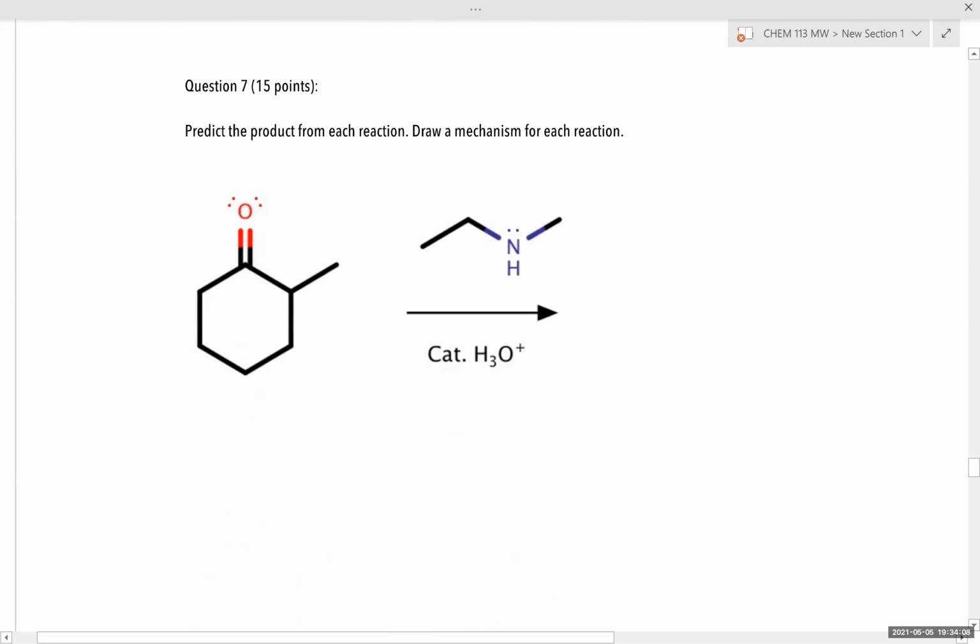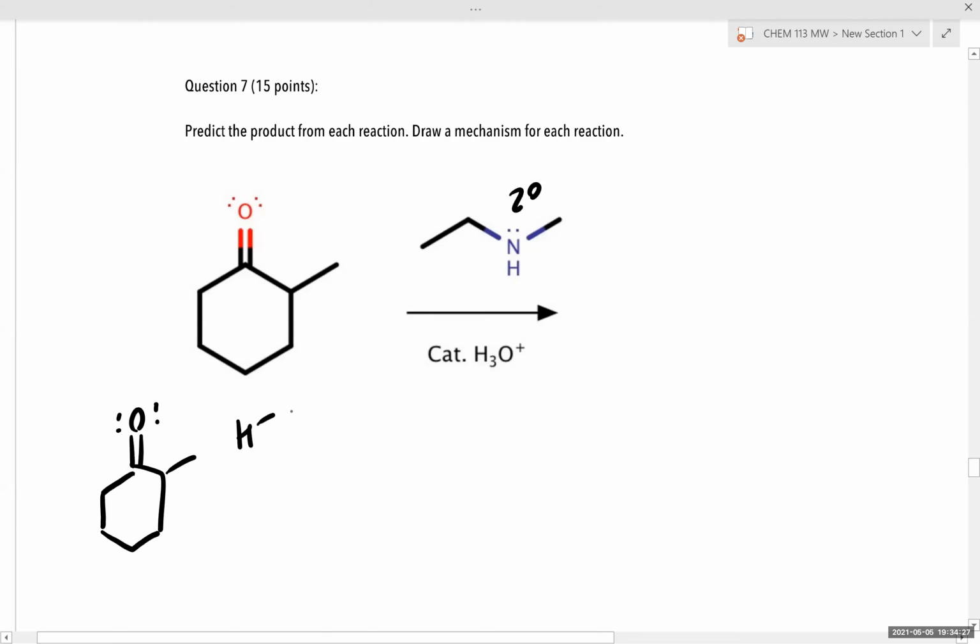In this case, we're asked to predict the product from each reaction and draw a mechanism for each reaction. So we have a secondary amine, catalytic acid, and a ketone. These are textbook conditions for enamine formation.